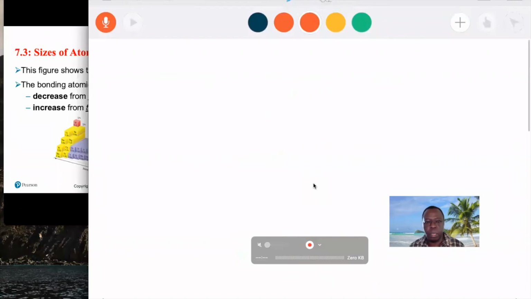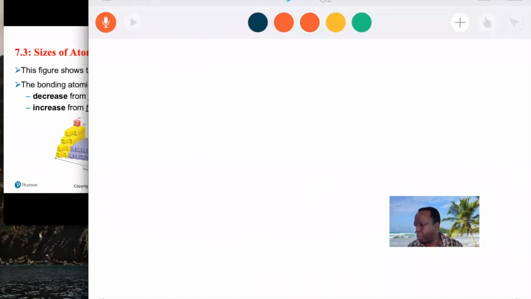Let's see. So as you go across, you are adding electrons to the same shell, which means the number of electrons keeps on adding to the same shell.